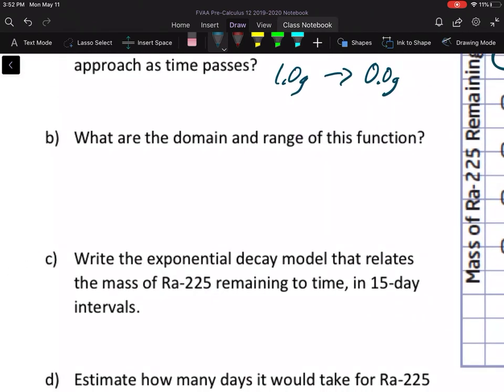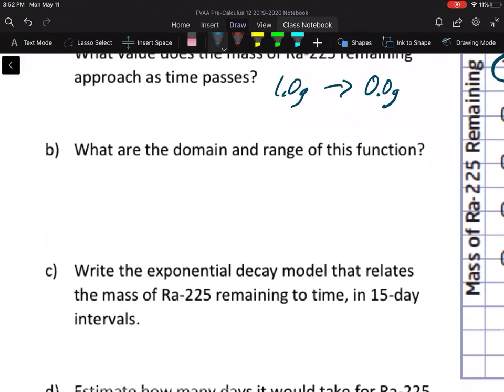So what are the domain and range of this function? Well, here we use a practical domain, so we have to start with x being greater than or equal to 0, right? You start on day 0, you don't start on day -3. And then, of course, it's any real number.